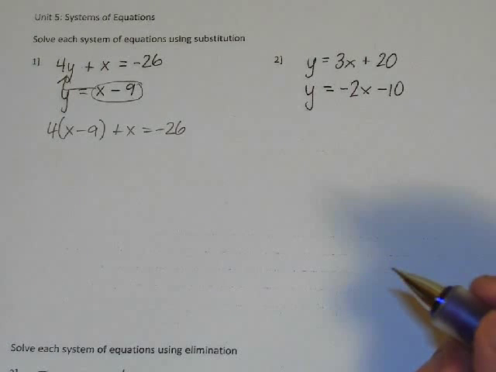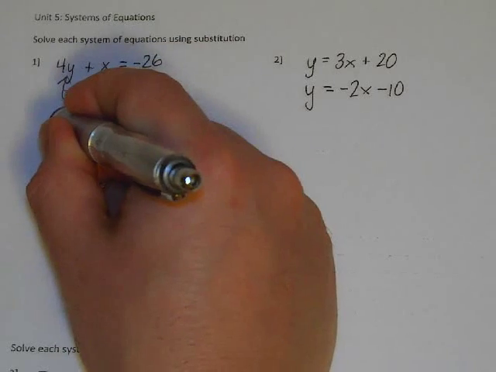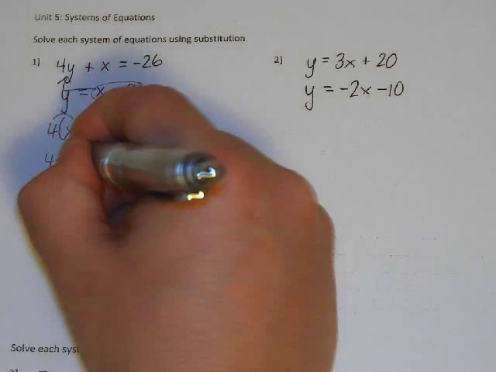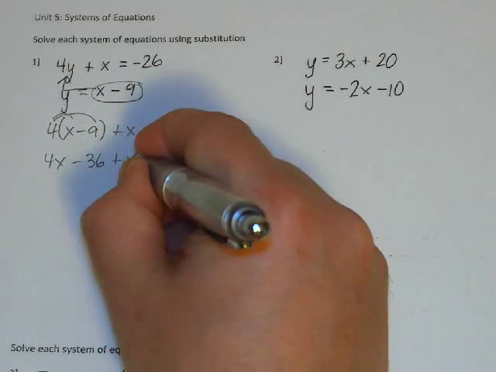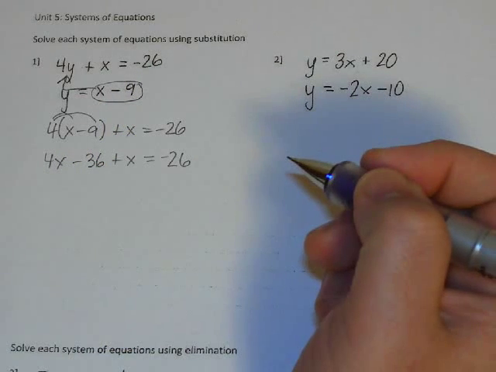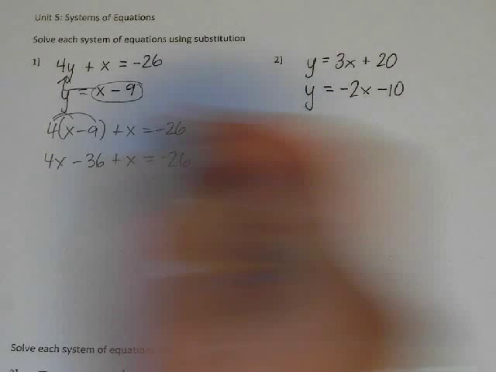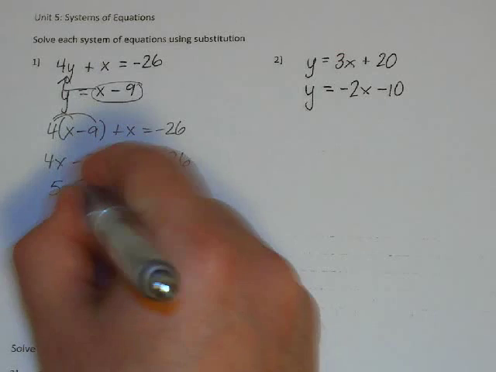So from here, we have one variable left, so we can go ahead and solve for x. Using the distributive property, we get 4x minus 36 plus x equals negative 26. I would combine like terms next. 4x plus x is 5x.